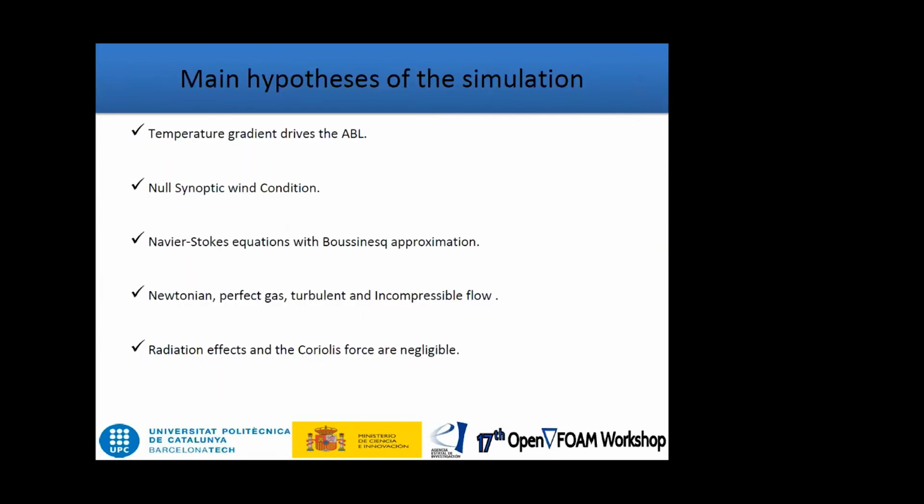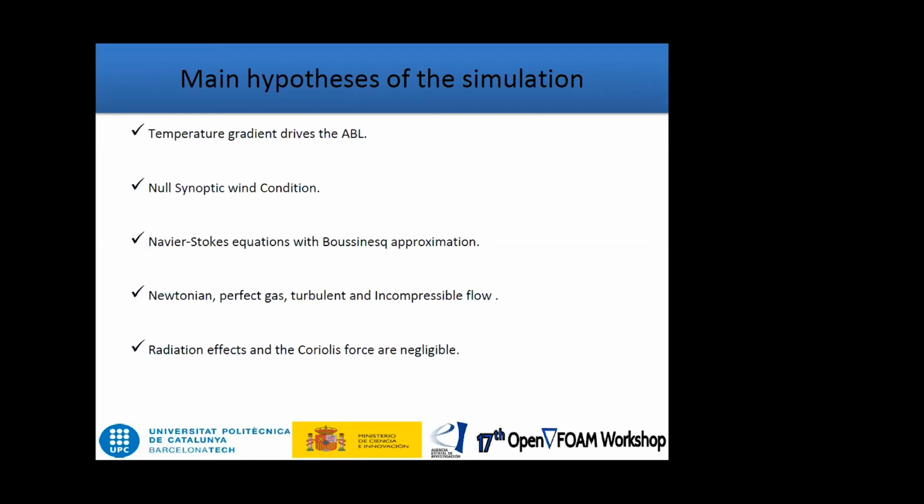The main hypothesis of my simulation is that there is no synoptic wind condition, meaning I haven't considered any initial velocity. The temperature gradient drives the boundary layer, so the flow propagates or convects because of the temperature gradient between the mountain slope and the field.